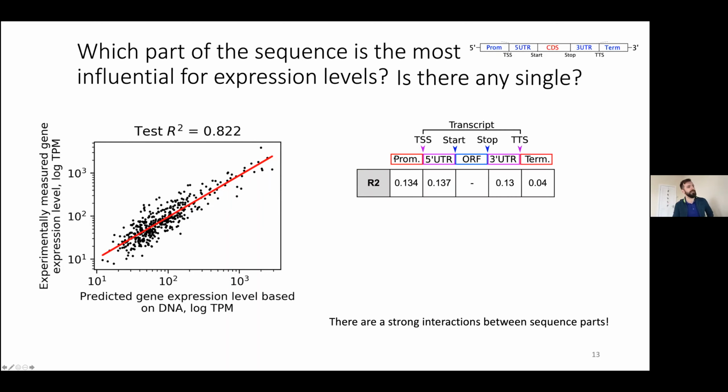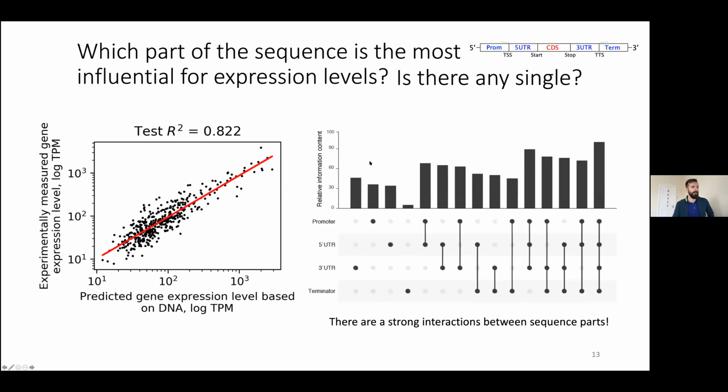If you do exactly the same exercise, trying to predict from each region alone, you see that there is not much information encoded about gene expression. But if you put this together, at the end of the day, you get this number. You can try different parts, and you can see that overall there is an additive interaction across these different regions. So they jointly determine it.